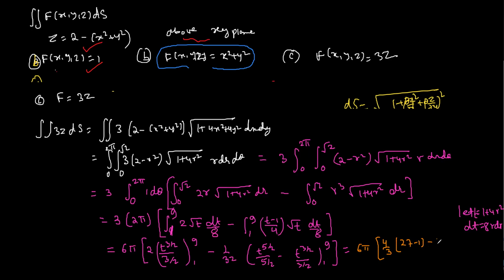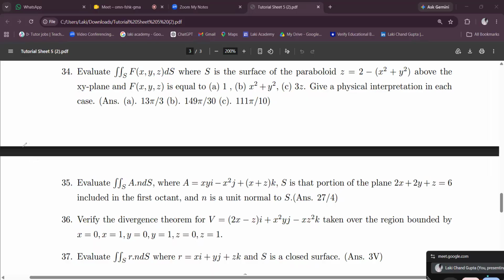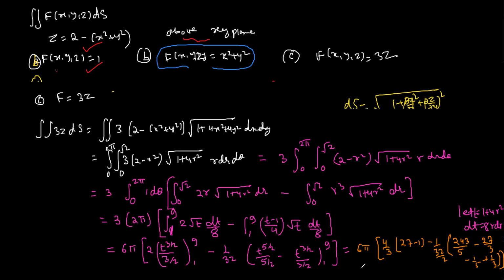Okay, I am simplifying. You can simplify directly, no issue. 243 minus 1 by 5 plus 1 by 3. Okay, when you simplify, you will get 111 pi by 10.